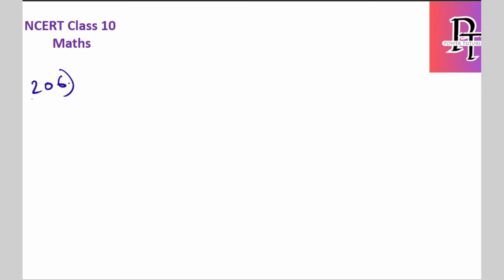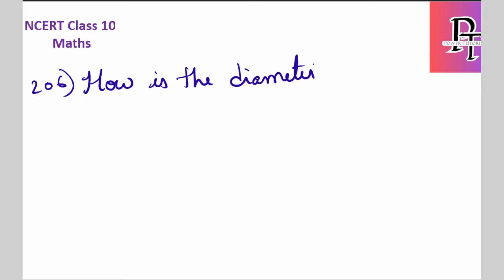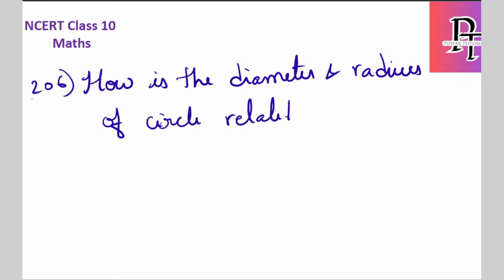Question 206. How is the diameter and radius of a circle related? So this is the direct answer.